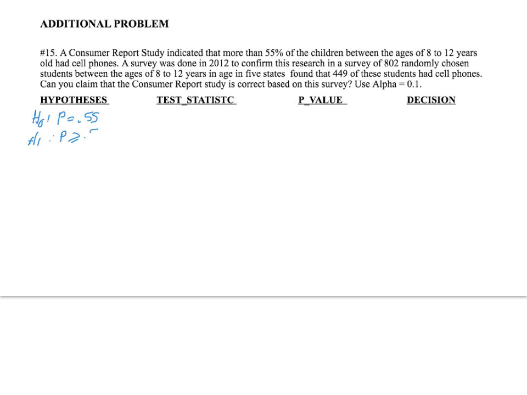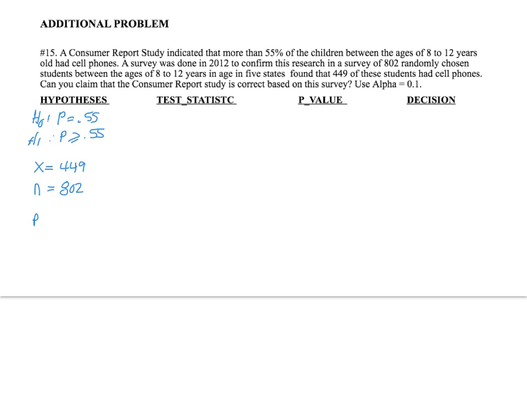This is what the consumer reports claim. We're going to validate their claim or not, right? So our info is the following. We had x is equal to 449. We had n is equal to 802.